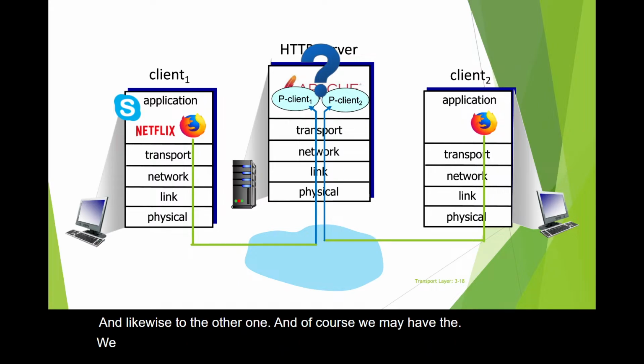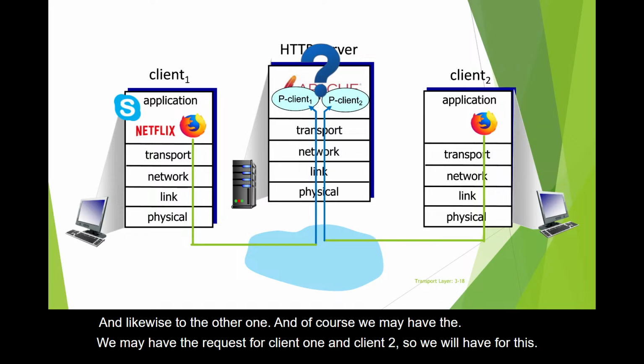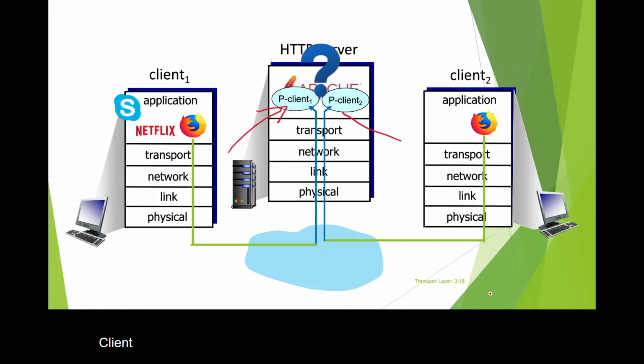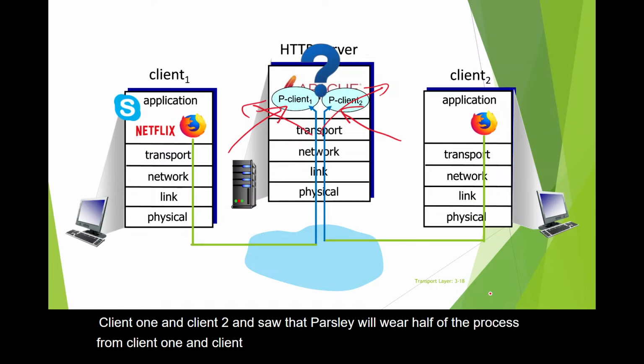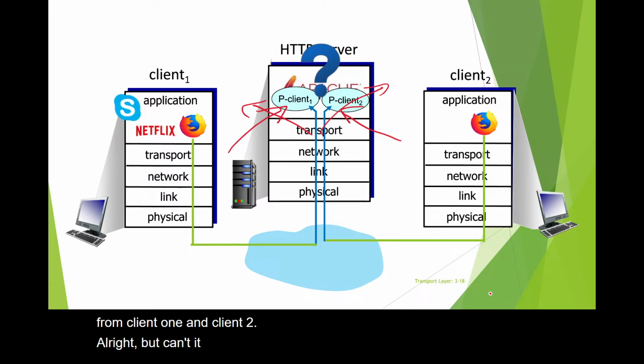And of course, we may have requests from client 1 and client 2, so we will have these. Possibly we will have processes from client 1 and client 2. But currently, we just try to send to the server.